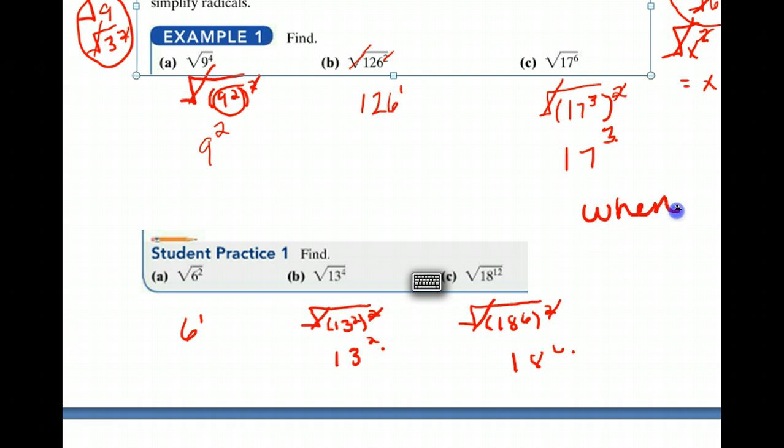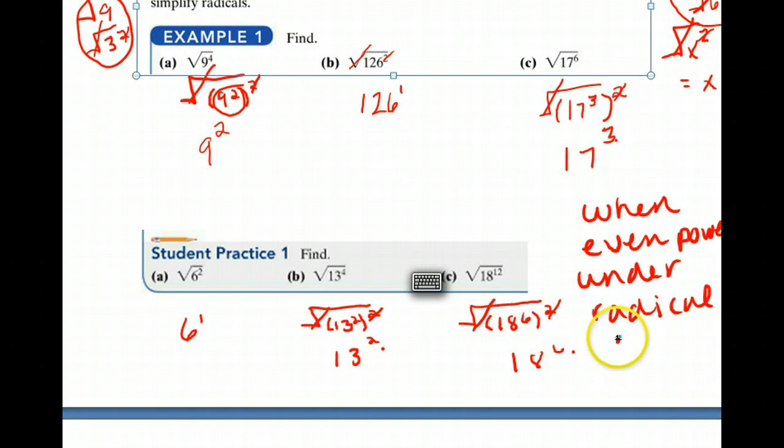So when we have an even power under the radical, you can divide the power by 2 to simplify. That will remove your square root and simplify that power.